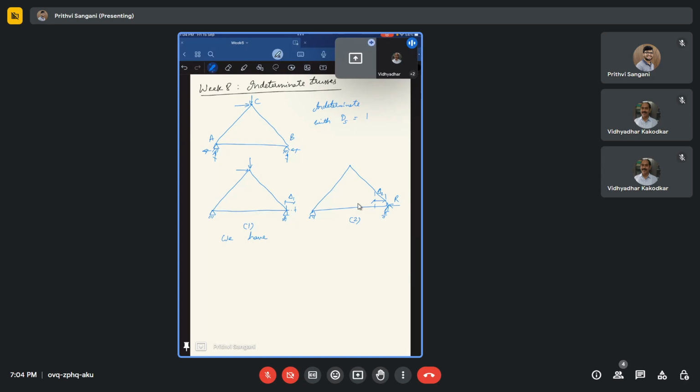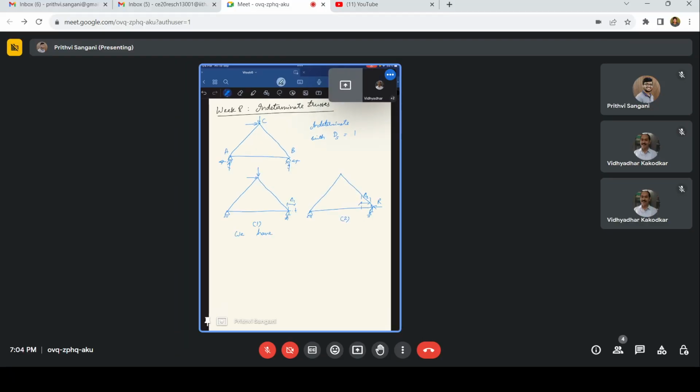So what do we have? We have sigma Fx equals 0, sigma Fy equals 0, and also sigma M. Can sigma M be 0? Yes, moments can also be 0. In addition, we have delta 1 plus delta 2 equals 0.